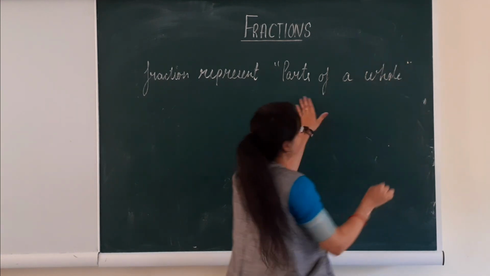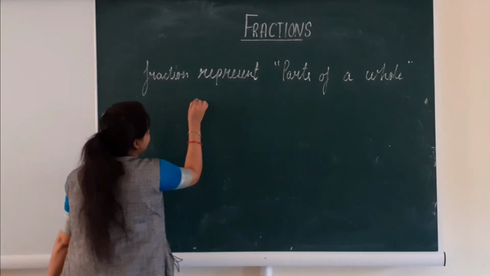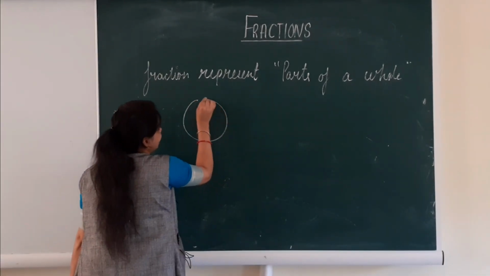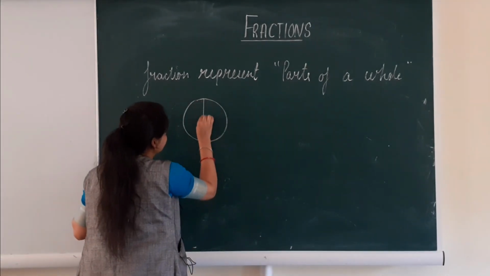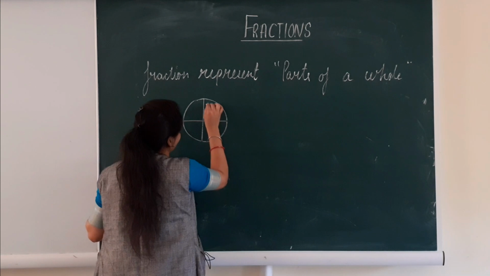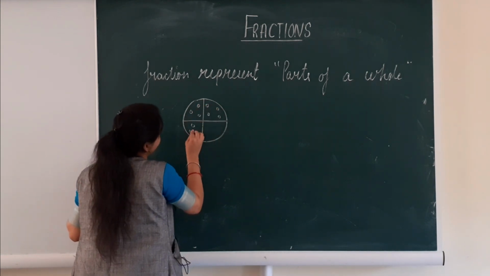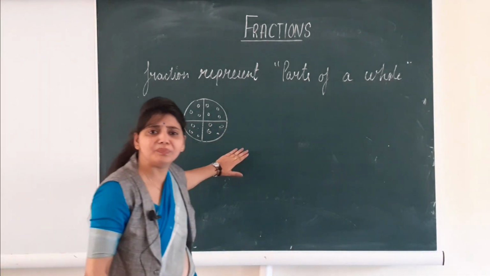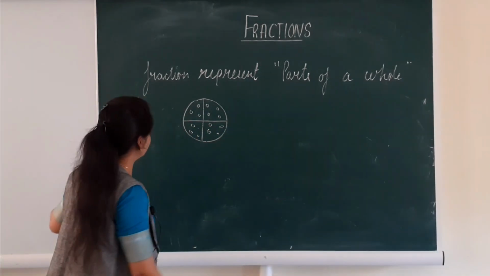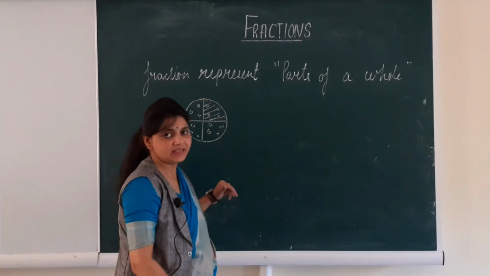Here we'll take one example of pizza, the tasty pizza. Everyone likes this, I know. Suppose I have one pizza with me and I have to eat one portion of this.